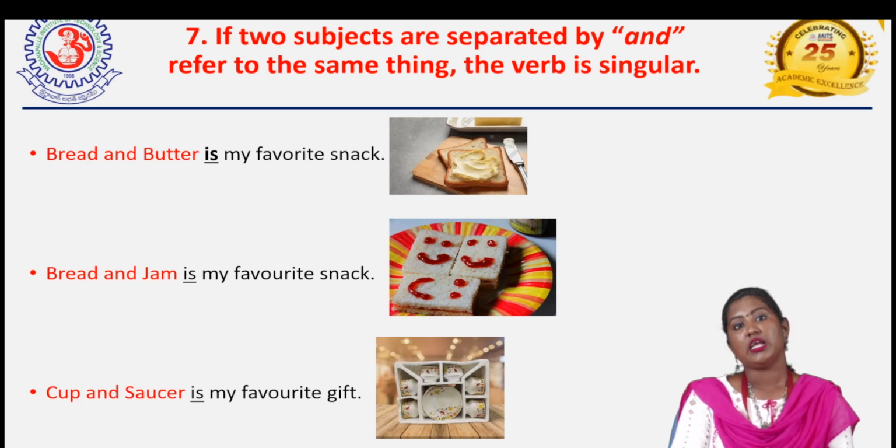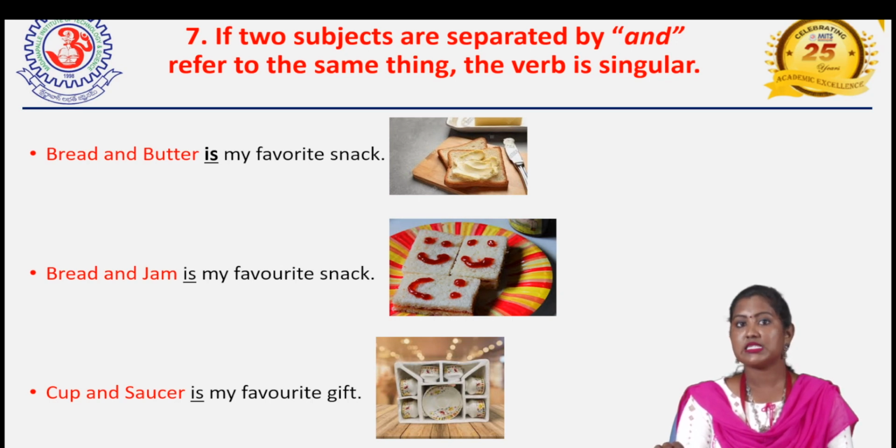Okay. If two subjects are joined by and and refer to one thing, the verb is singular. For example, the bread and butter. Sometimes there will be some connection of words, connection of phrases. We can't divide. Bread and jam is my favorite snack. We can't say bread and jam are my favorite snack because altogether it is giving a meaningful sense.